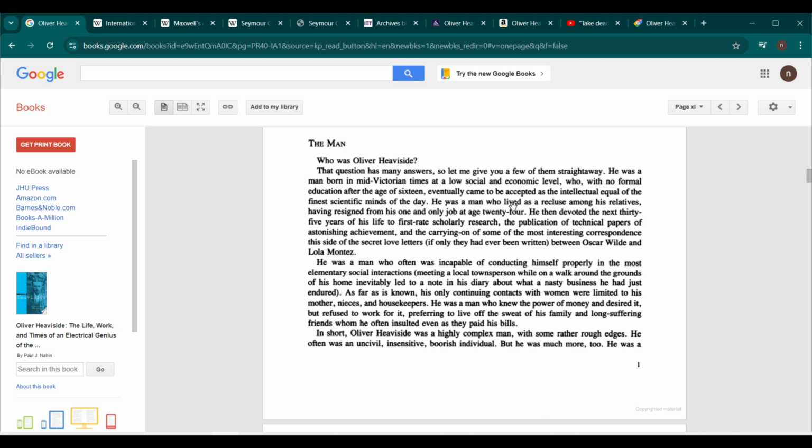He was a man who lived as a recluse among his relatives, having resigned from his one and only job at age 24. He then devoted the next 35 years of his life to first-rate scholarly research, the publication of technical papers of astonishing achievement, and the carrying on of some of the most interesting correspondence this side of the secret love letters, if only they had ever been written.